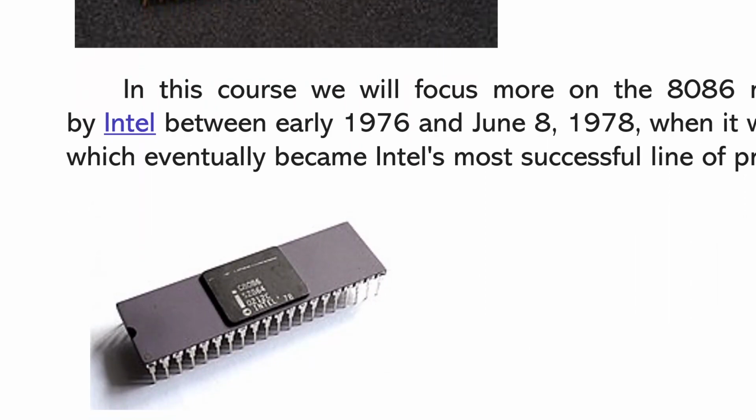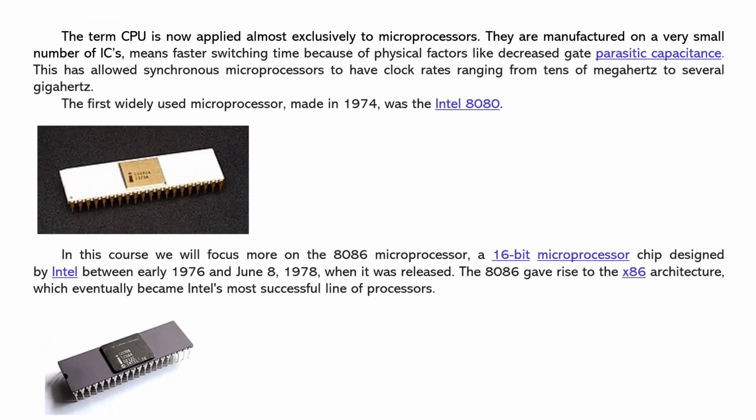During this presentation and the rest of our discussion about microprocessors, we will focus on the 8086 microprocessor, which is a 16-bit microprocessor chip designed by Intel between 1976 and 1978, when it was eventually released on June 8, 1978.